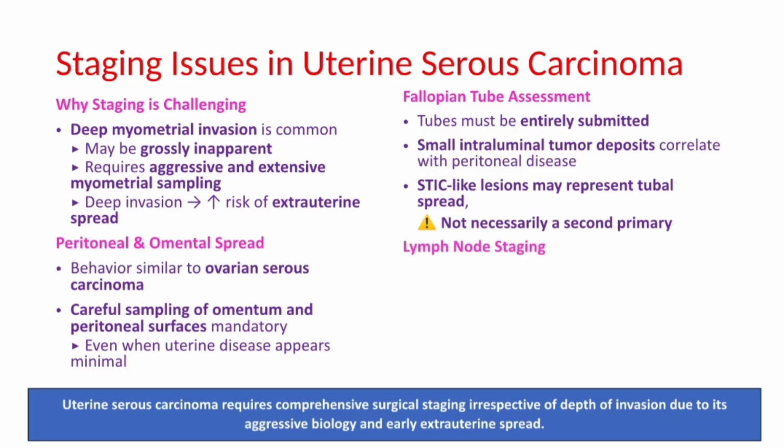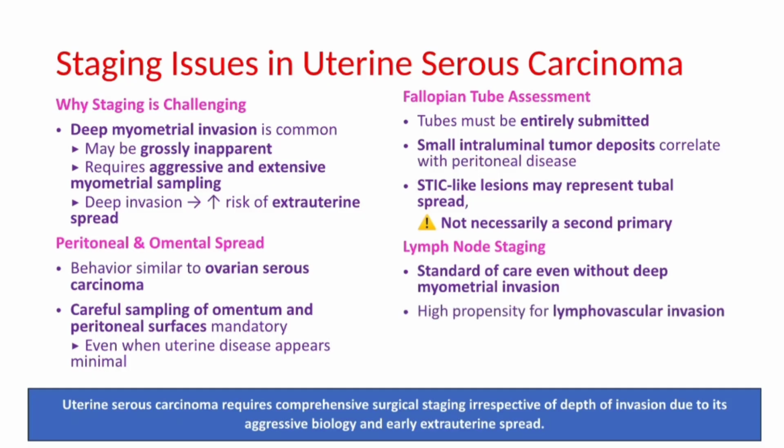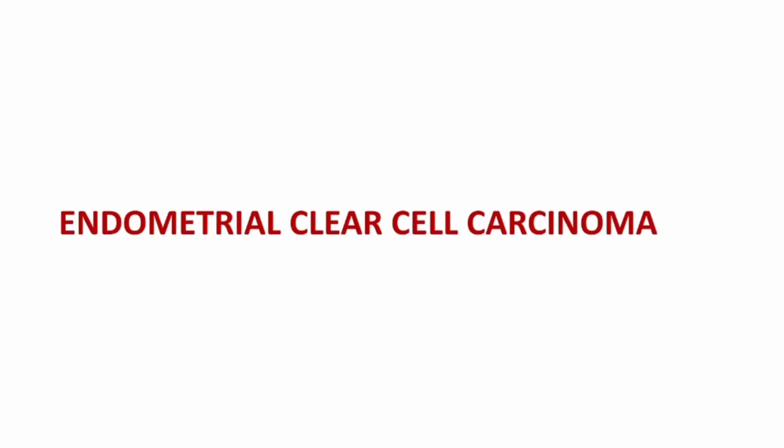Lymph node staging: even without deep invasion, we can find a high propensity for lymphovascular invasion, and nodal metastasis can occur despite superficial myometrial involvement. So this is about serous carcinoma.